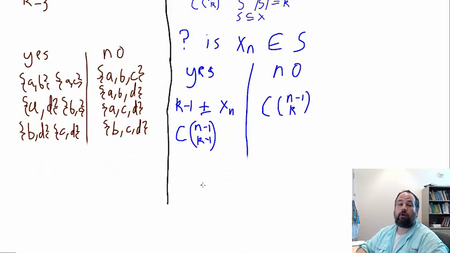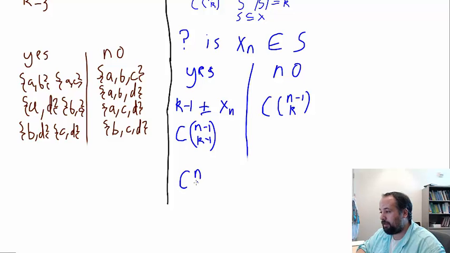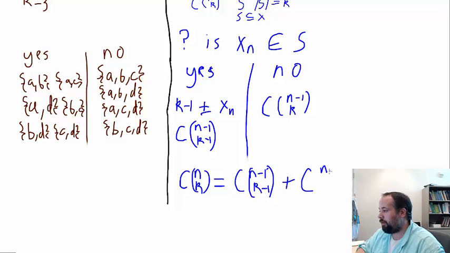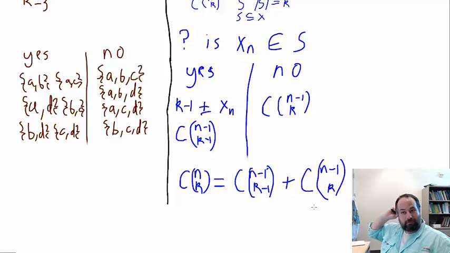So, in our general sense, we have now defined n choose k. We say n choose k is the same as n minus 1 choose k minus 1 plus n minus 1 choose k. Because for each subset S with k elements, there are 2 possibilities.